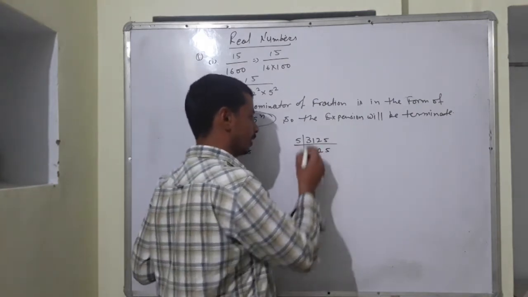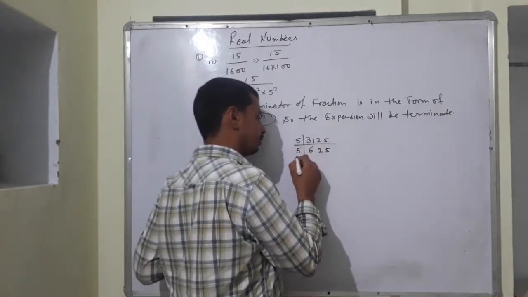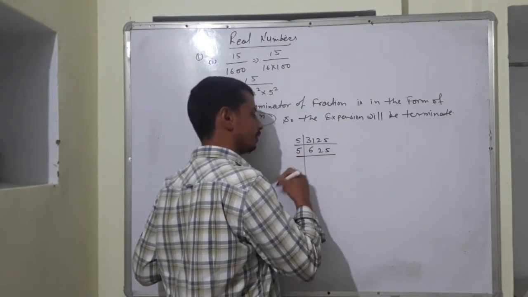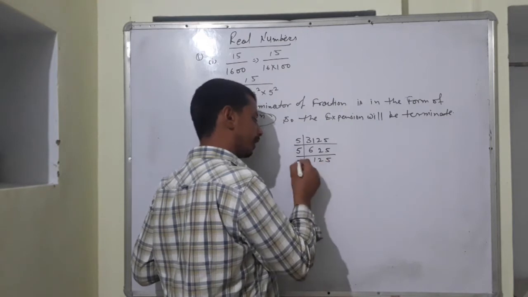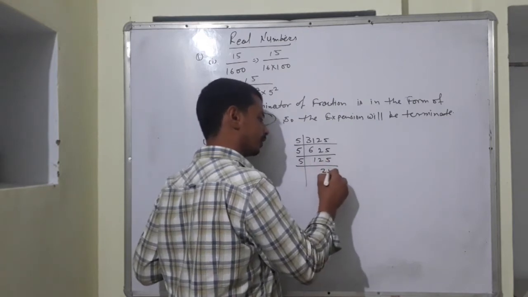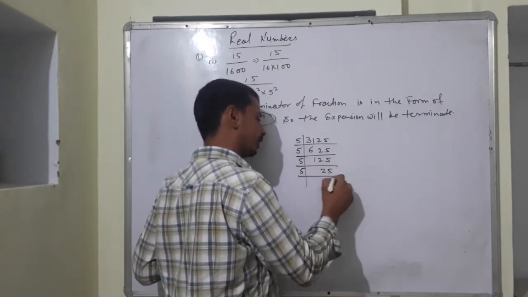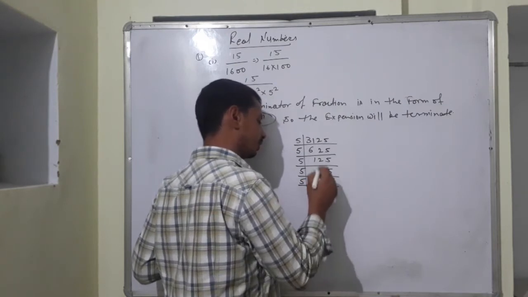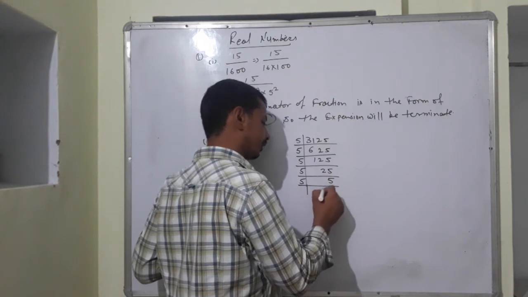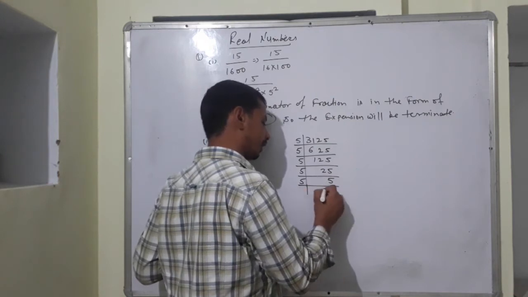Okay, when we divide 625 by 5, then we find 125. Again divide by 5, then we find 25. Again divide by 5, then we find 5, and the last factor of 3125 will be 5, and then we find 1.